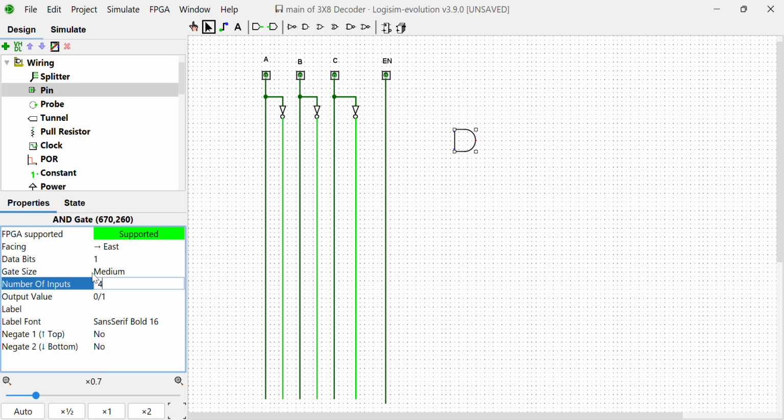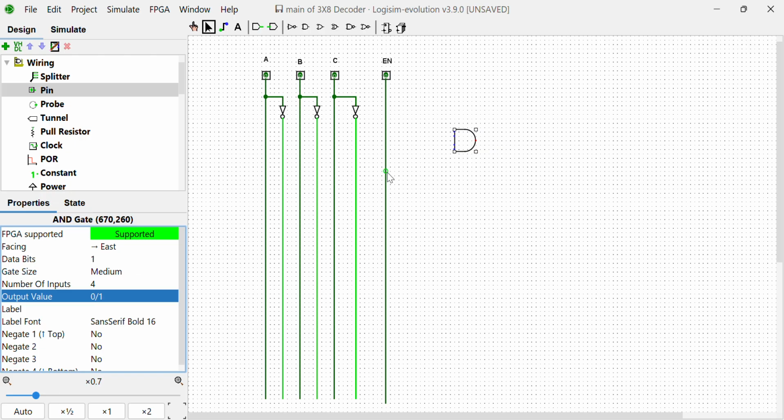So we just copy and paste, but for the pins for the AND gate we are using 4 pins because of the 3 inputs and then the 1 enabler, so making 4.